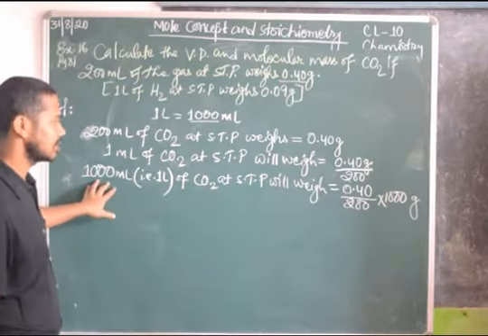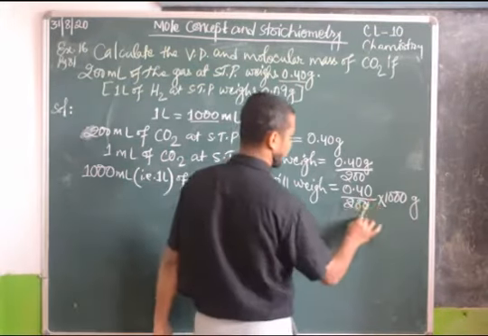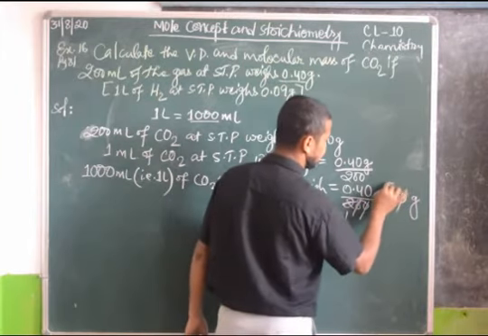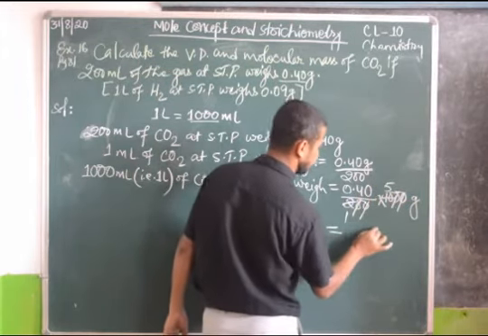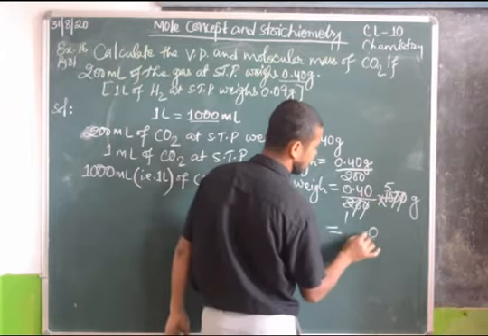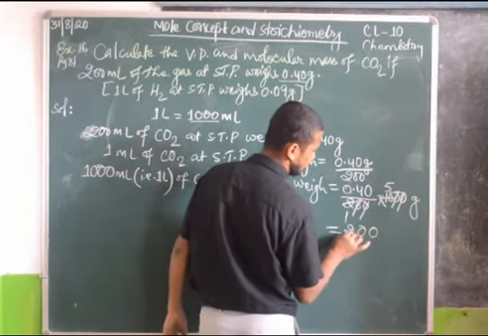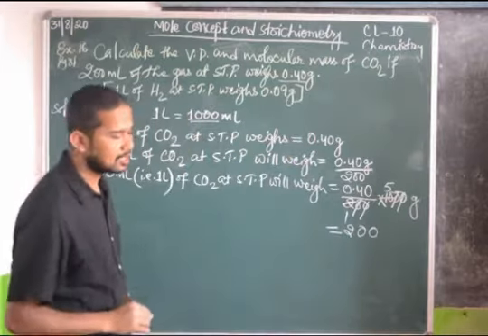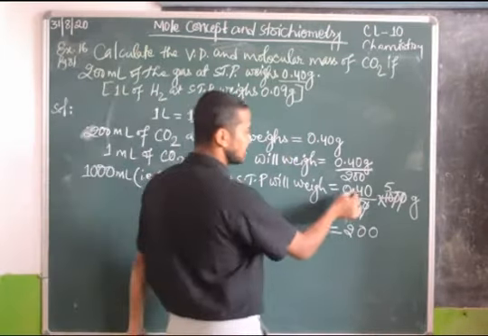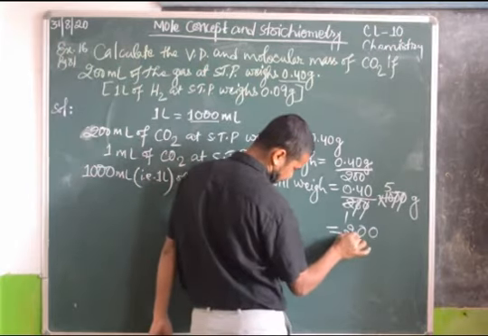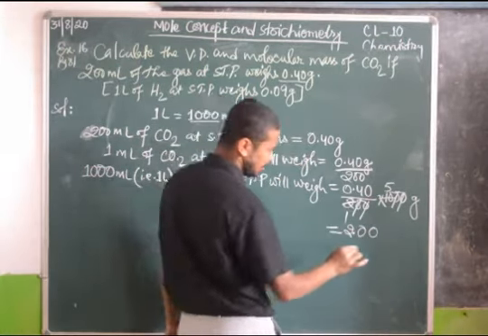So from this, 5 twos are 10, so it is 5 zeros are 0, 5 fours are 20. Now after the decimal, 2 digits are there, so you put the decimal in front of 2 digits.